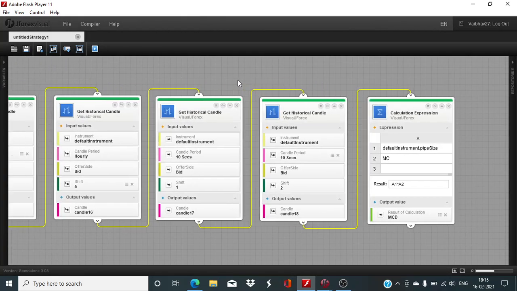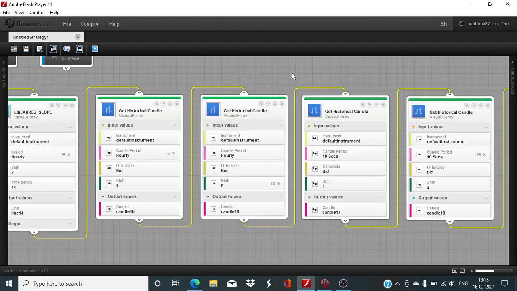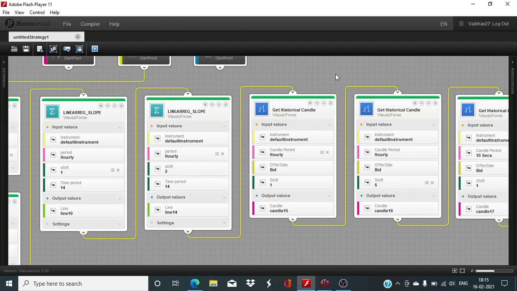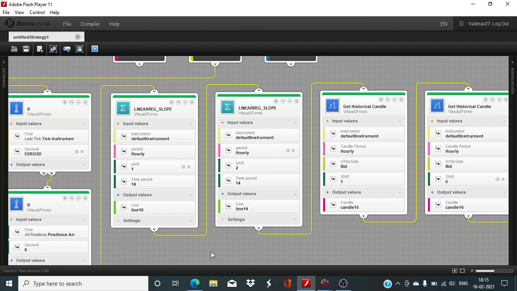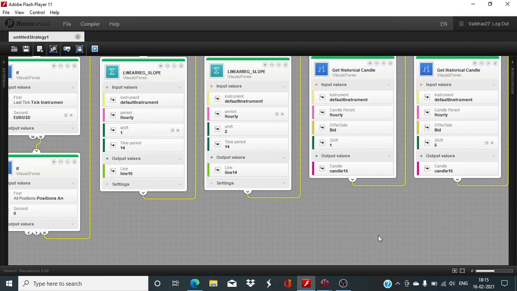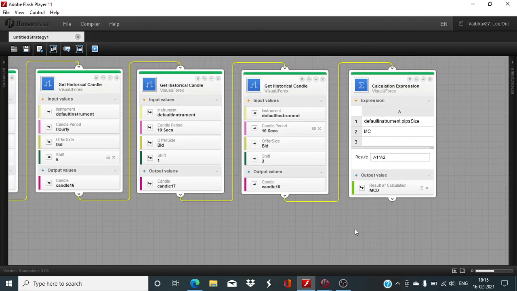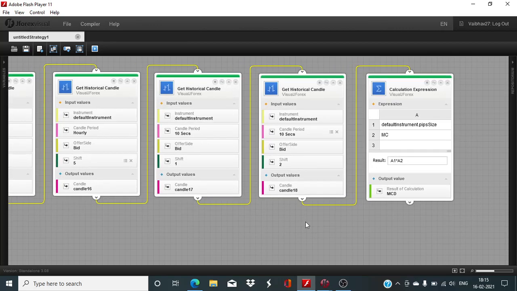For this session we will leave it here, and in tomorrow's session I will continue and build on the buy side. So in today's session we have got the indicator blocks which are going to be necessary, and I have also done one calculation, the condition.